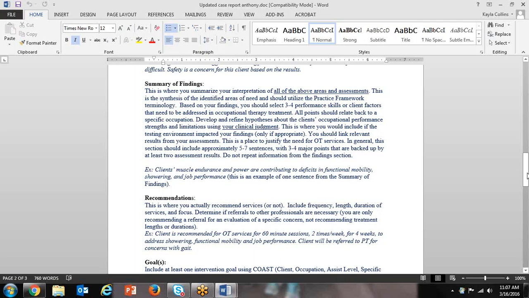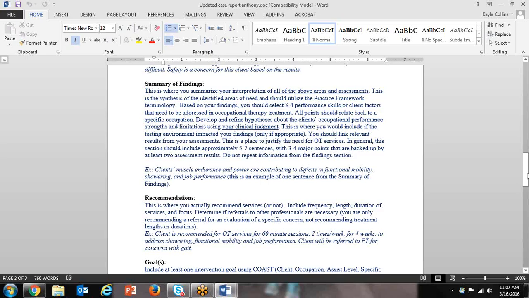So this is your time to say, based on the above interpretations, I see a connection between the results of this test and this test. Specifically, it's pointing to why he's having problems in this occupational area. I think that those problems may be due to whatever performance skill, client factor, performance pattern, or whatever reason you think he might be having those problems.